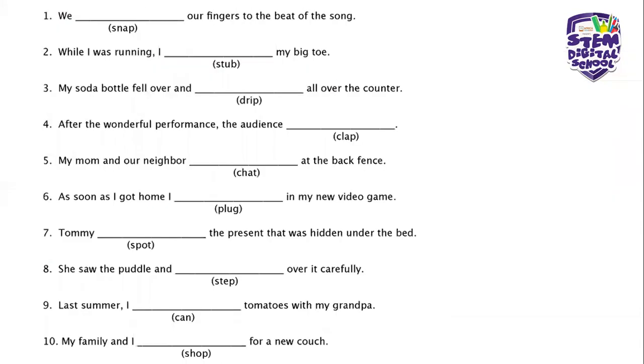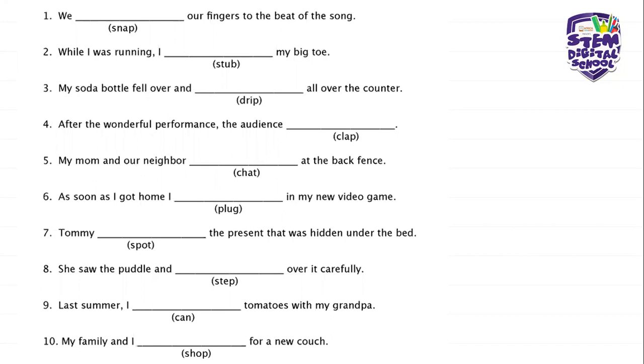Okay, the next one. This one gets an ed at the end. What I want you to remember is that when a word is so small and you put an ed at the end of this word, I want most of you to try and comment on the chat section for this one. Like, we snapped our fingers to the beat of the song.